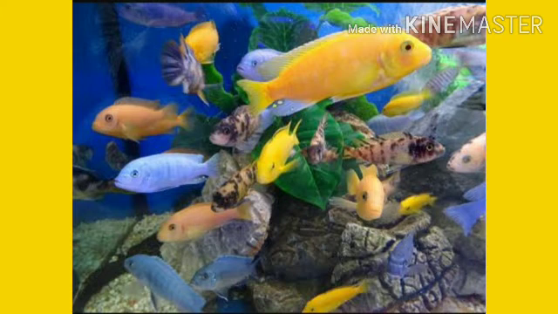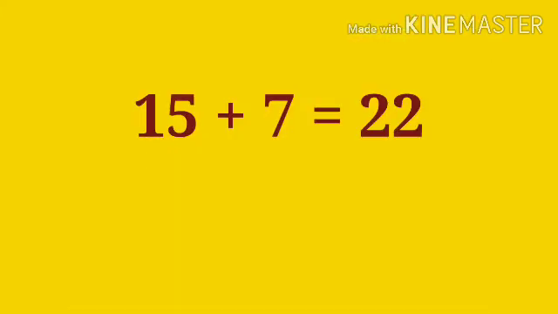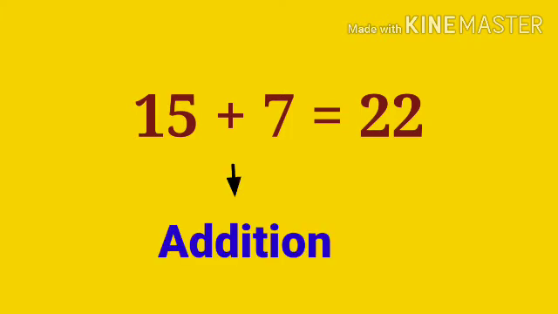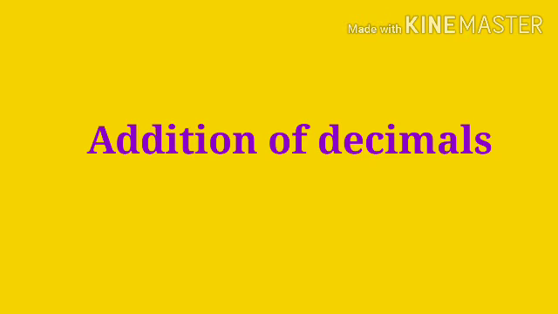So add the number of goldfish and bluefish. That is, add 15 and 7, we get 22. Which operation do we use here? Yes, it is addition. Today we are going to learn addition of decimals.